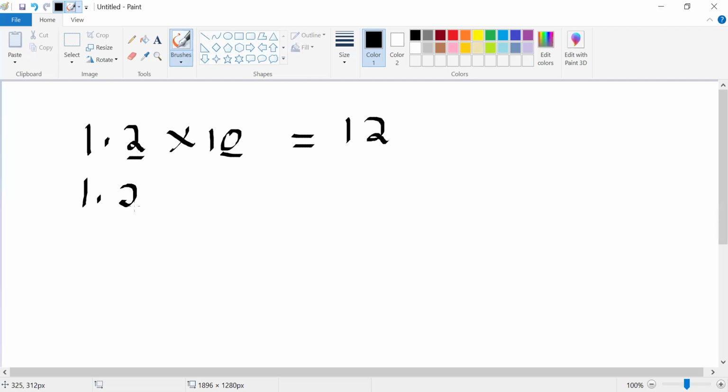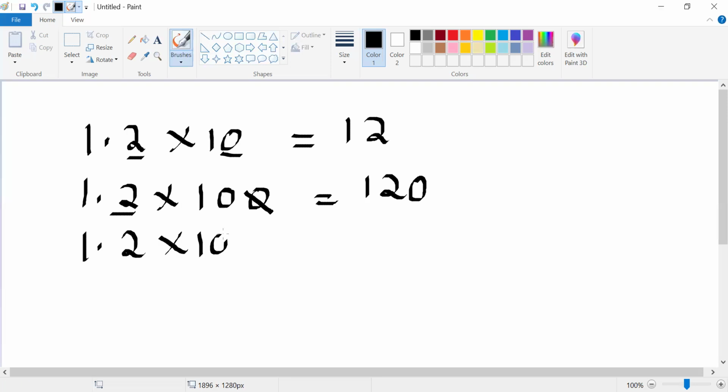Now, 1.2 into 100. So, 1 decimal will cancel 1 zero here. So, 12 into 10, 120 it will become. Now, 1.2 into 1000. So, 1 decimal will cancel 1 zero, and 1200 will come.